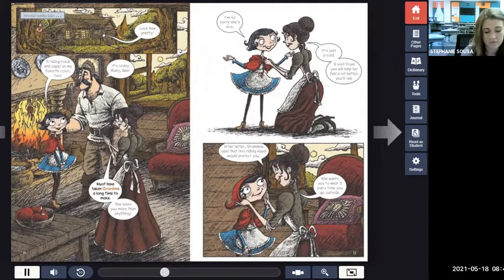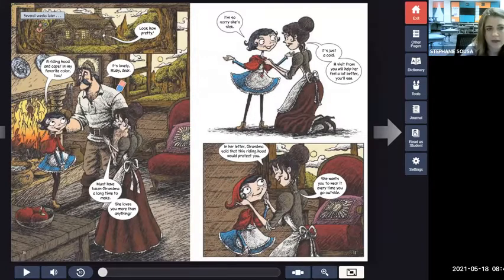Must have taken Grandma a long time to make. She loves you more than anything. I'm so sorry she's sick. It's just a cold. A visit from you will help her feel a lot better, you'll see. In her letter, Grandma said that this riding hood would protect you. She wants you to wear it every time you go outside.